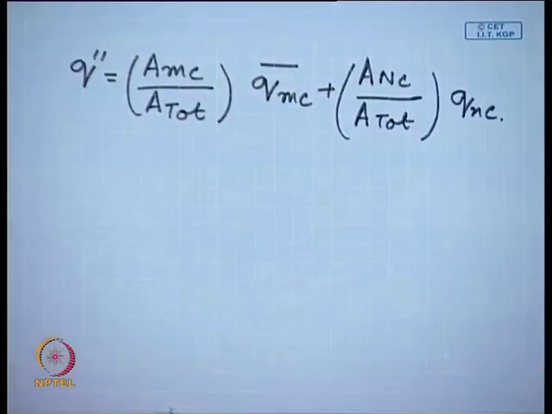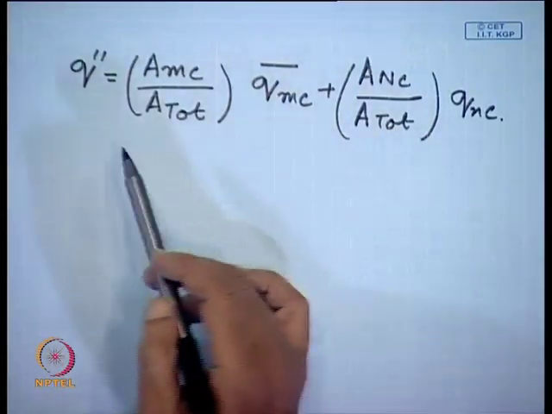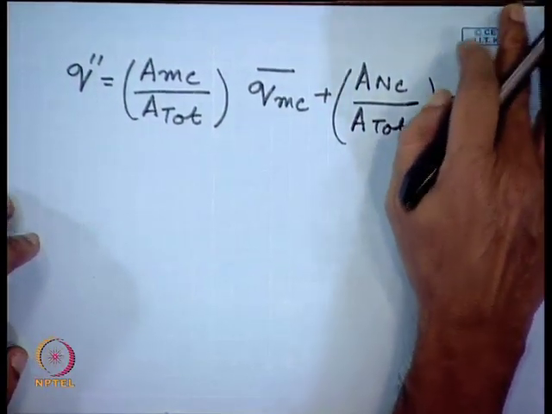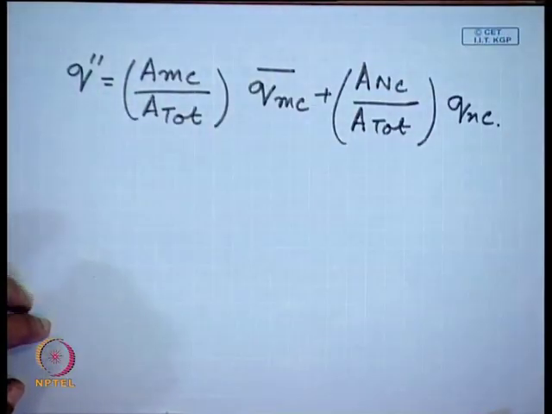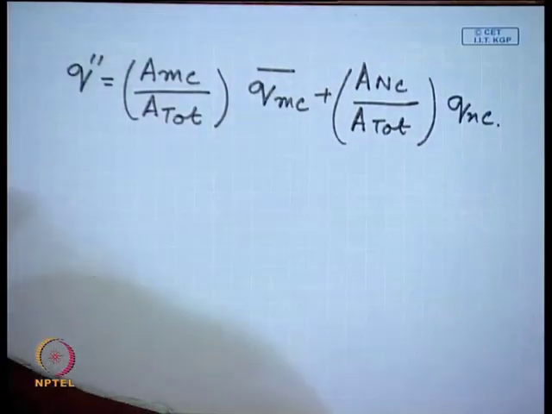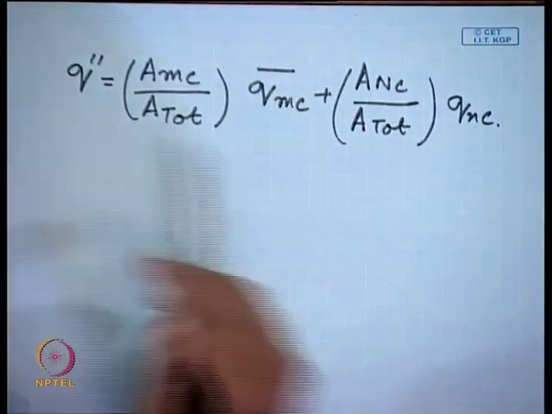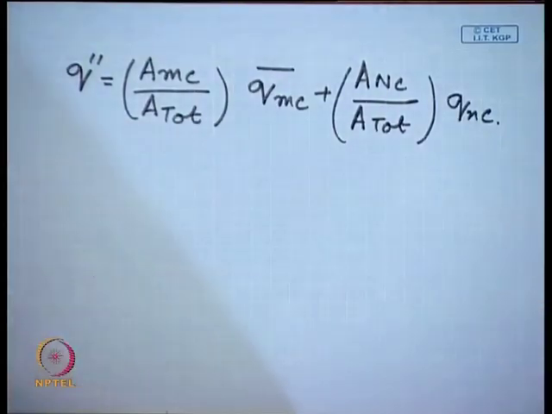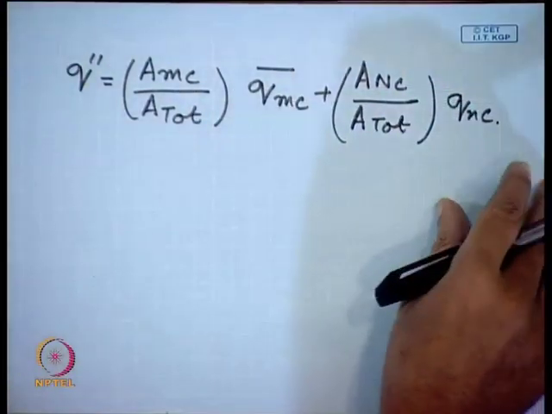Okay. So, this of course is not a typical model, but it gives a corrective measure. Suppose we want to do the boiling heat transfer prediction, it gives some sort of a corrective measure. As I have told that there are many models of boiling heat transfer.